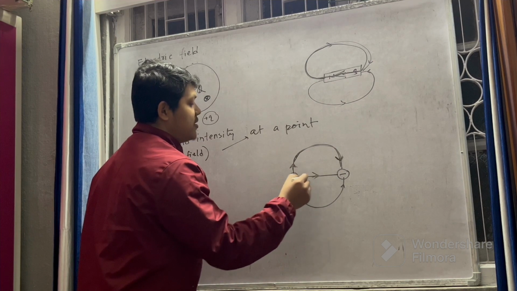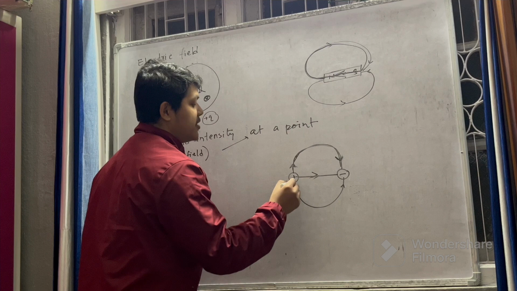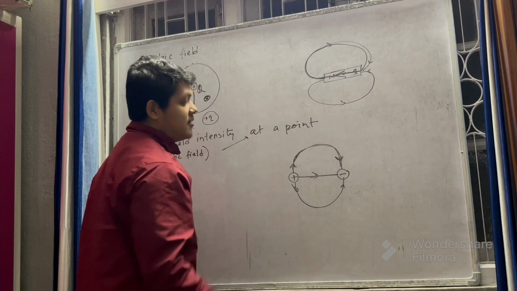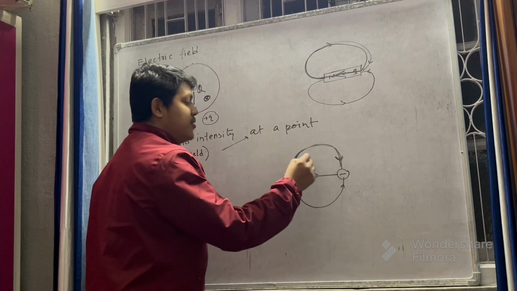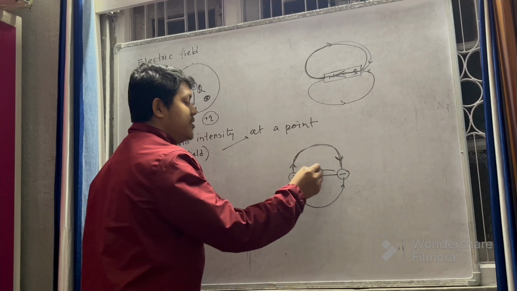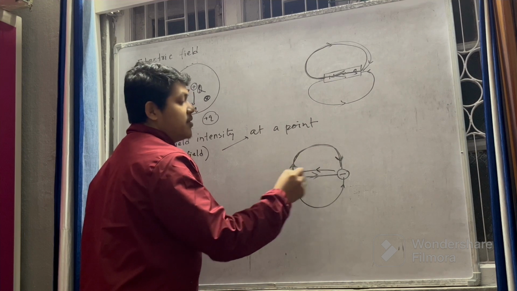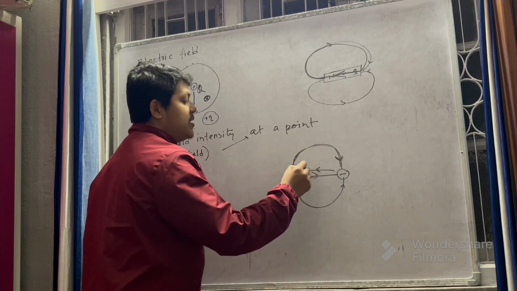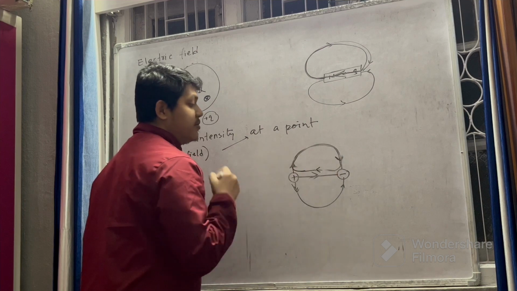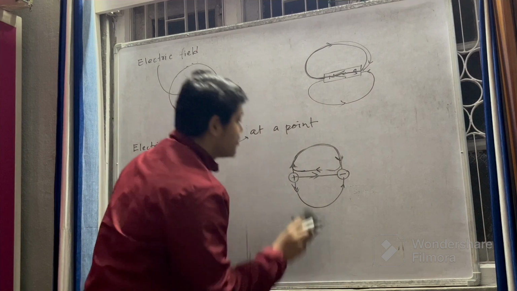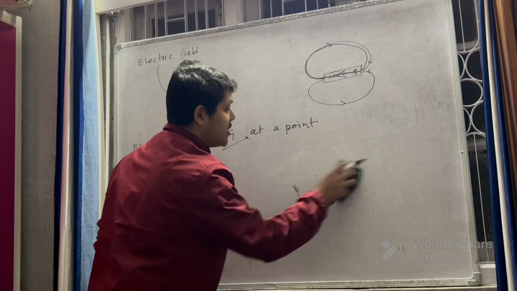This is going in one direction only, that is going out, right? So no field lines come from negative to positive so that they can complete this loop. So that's why these are not closed curves.